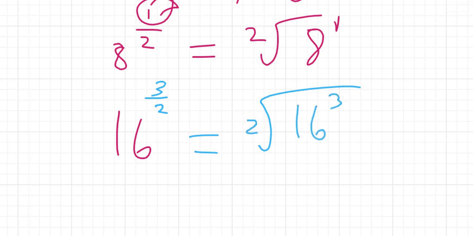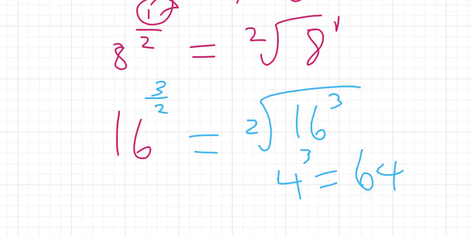It doesn't matter how you want to do it, whether you want to do the exponent first, or you want to find the square root. It doesn't matter which one you want to do. So if I want to find the square root of 16 first, then I will get 4 raised to 3, which is 4 times 4 times 4, and that will give me 64.